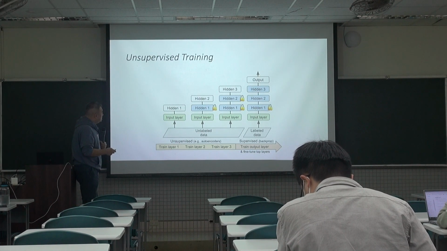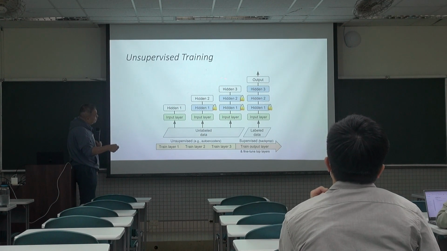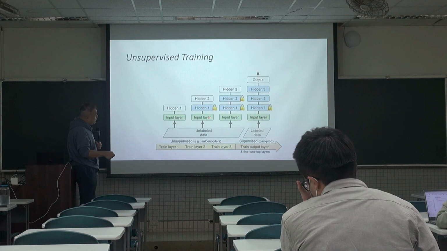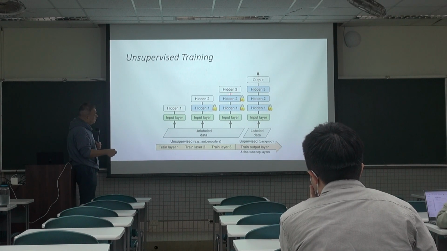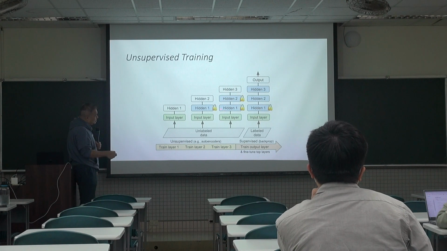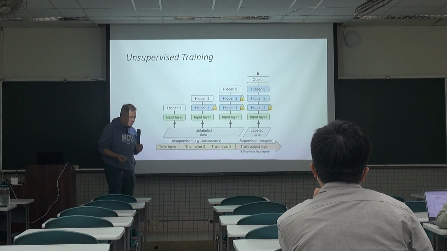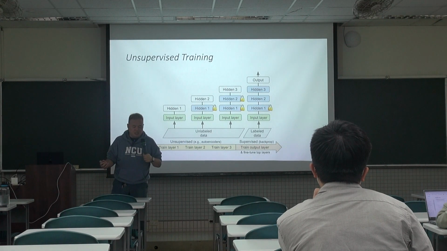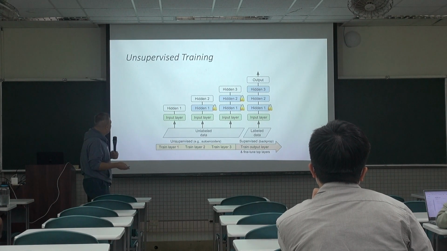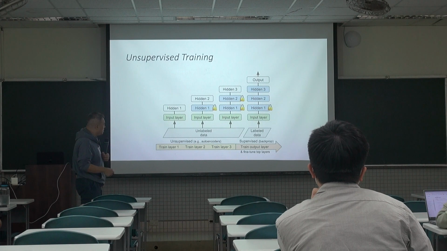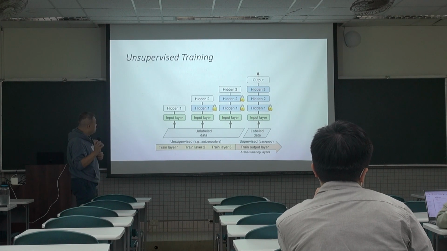So at each step, you freeze the layers you obtained from the previous process, and you only train one new hidden layer because you do not have a lot of labeled data. This concept is called unsupervised pre-training.